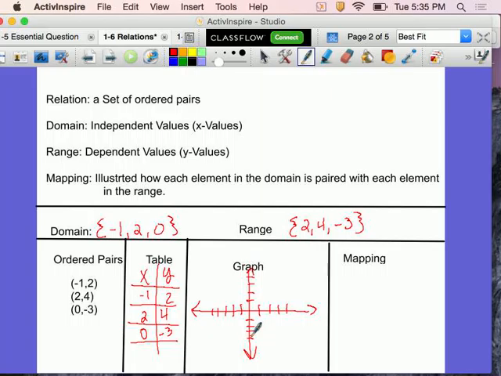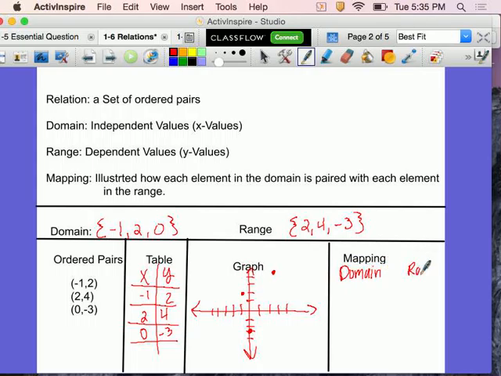Okay, so plot your points: -1, 2, 2, 4, 0, -3.